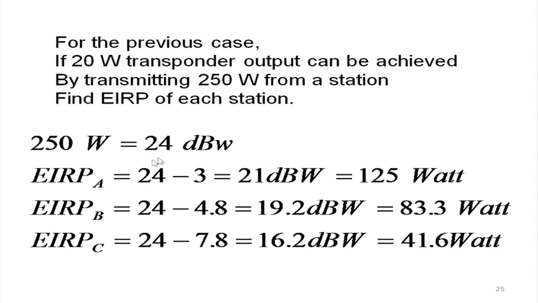Again, the apportionment of that 250 watt is 24 dBW. So, 24 dBW minus 3 is 21 dBW, this is 125 watt from station A, 83 watt from station B, 41.6 watt from station C. And this is another way of calculation, which is simply by apportionment of power and bandwidth.